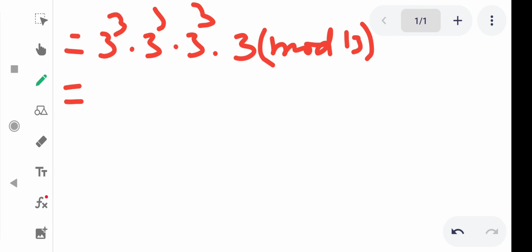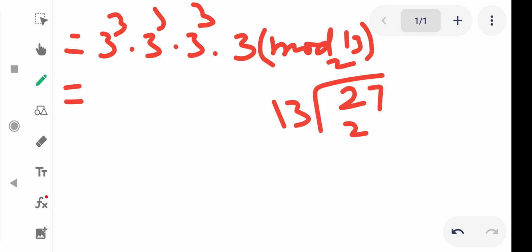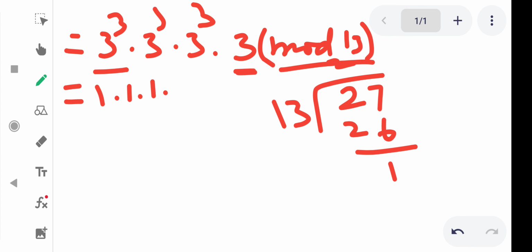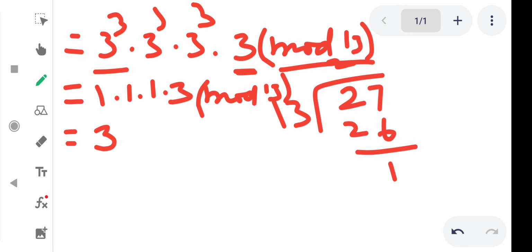So we know that 3 power 3 mod 13 is 1, because 3 power 3 is 27, and 27 mod 13 has remainder 1. So 3 power 3 mod 13 is 1. So 1 into 1 into 1 into 3 mod 13, which is equal to 3. So the answer is 3.